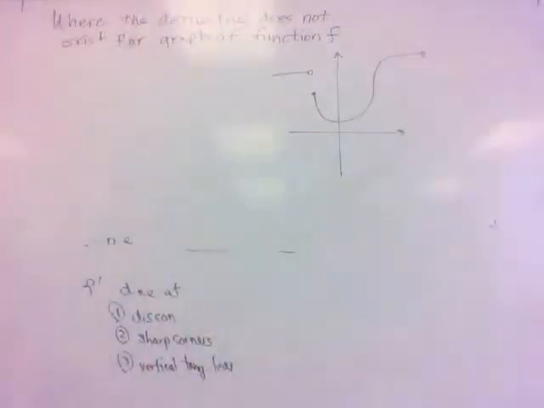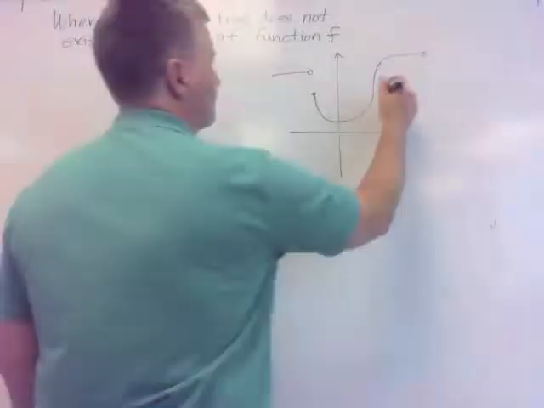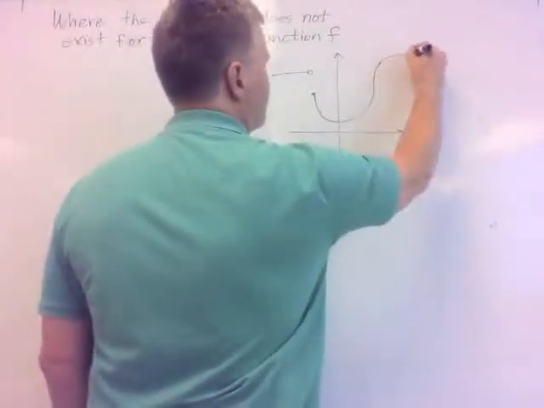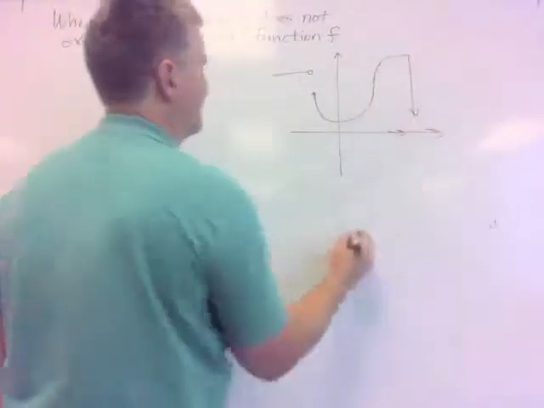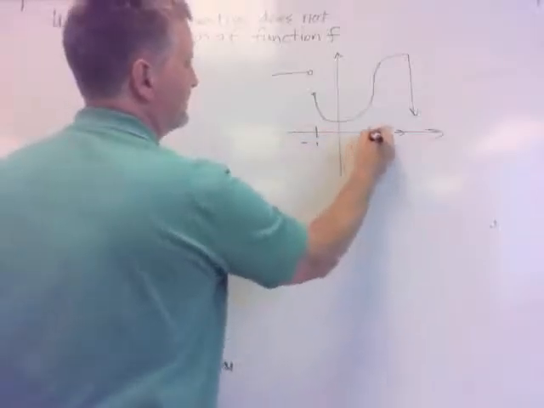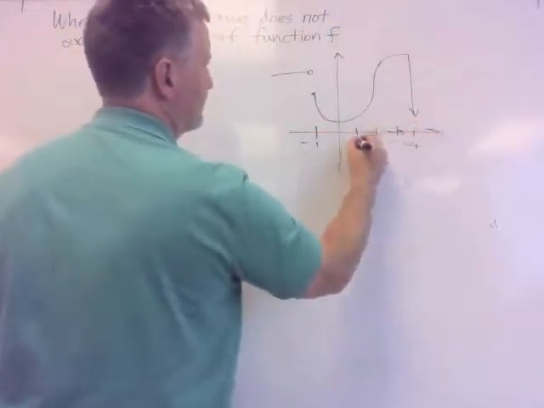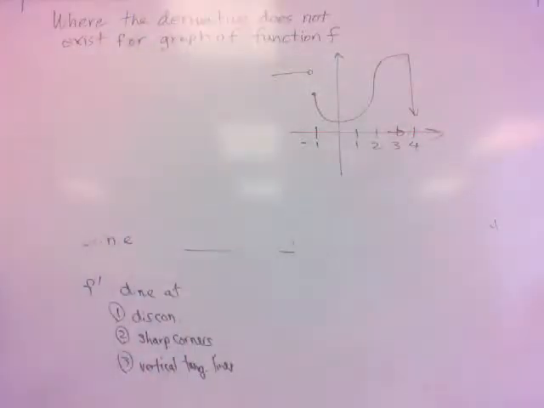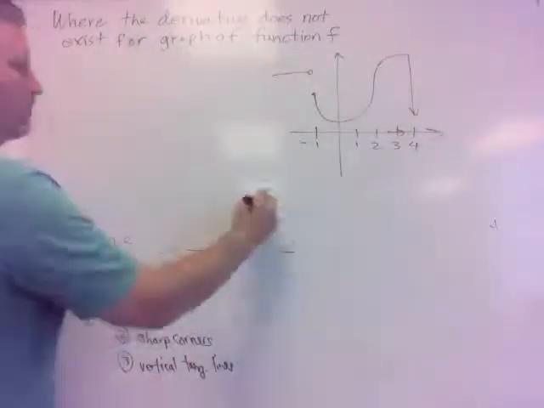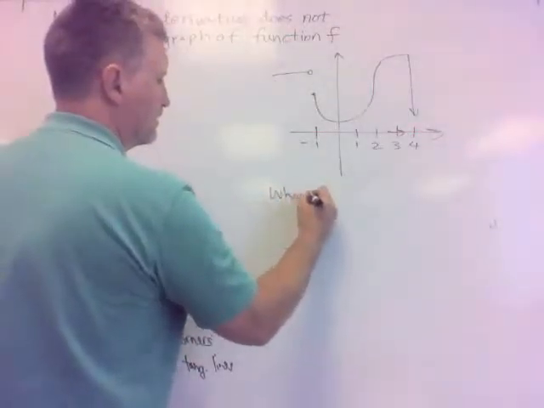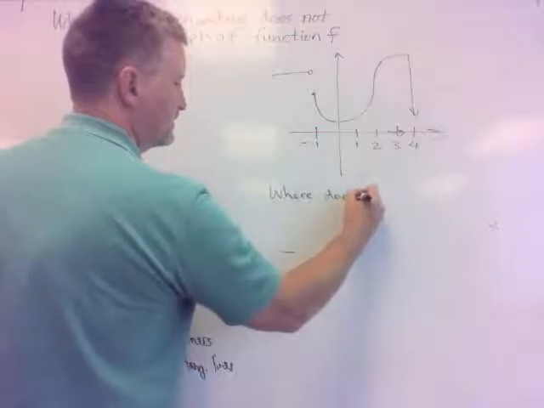It goes straight up, and then, oh, I forgot one. Okay, like that, okay. All right, so that's -1, 2, 3, 4, okay. Where does f prime not exist?